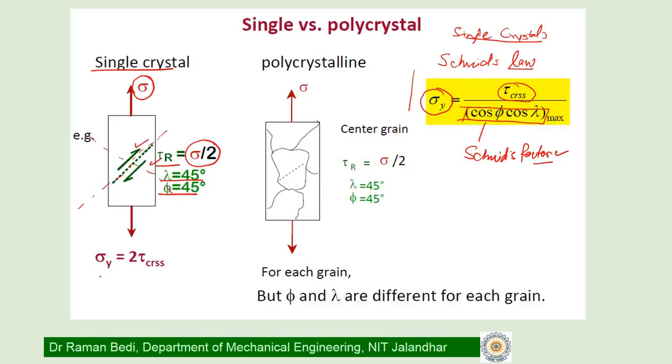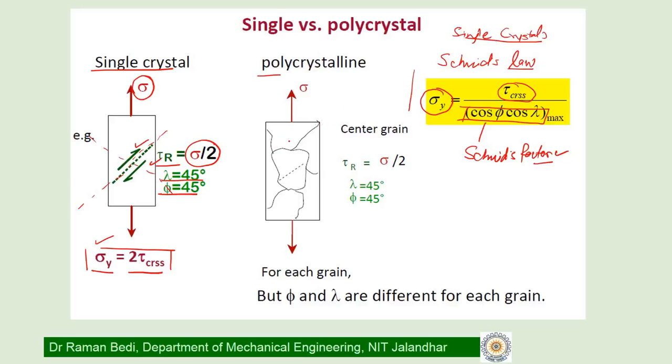Or I can say here that sigma y can be related as 2 times tau CRSS, that is critically resolved shear stress. But now the things become different when we talk about a polycrystalline material.